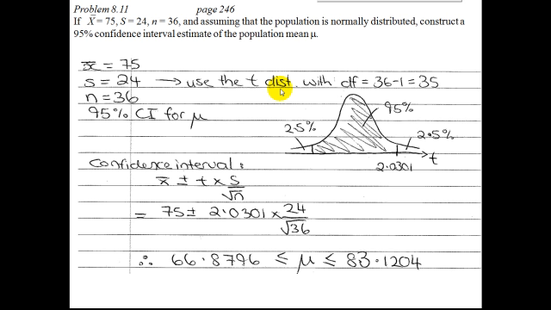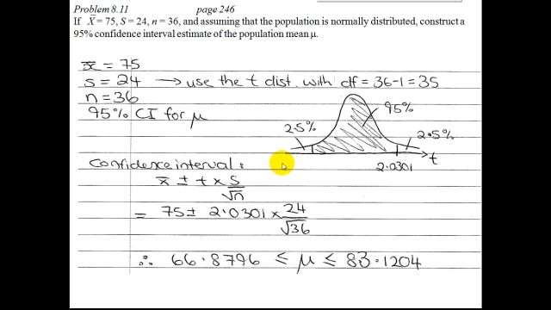I still like to start by drawing up my diagram and finding the critical value that will be used in the confidence interval formula. You might find that, well, another alternative is to write down the formula first and let that remind you. We can see that certainly the formula is still point estimate plus or minus critical value times standard error.